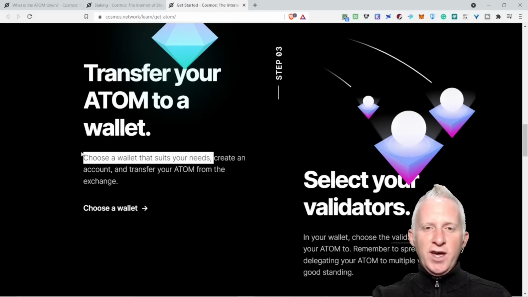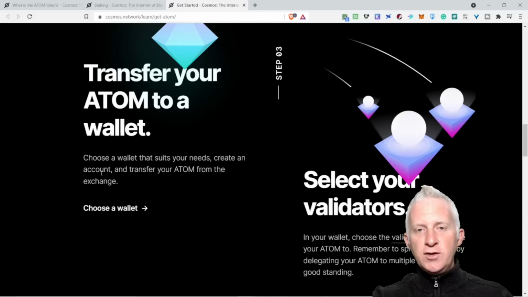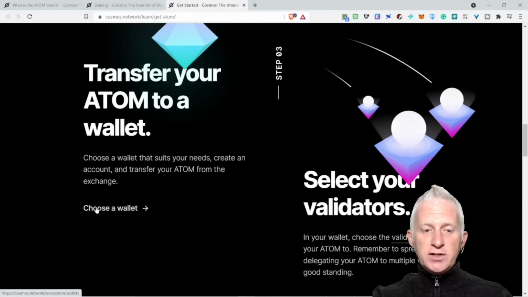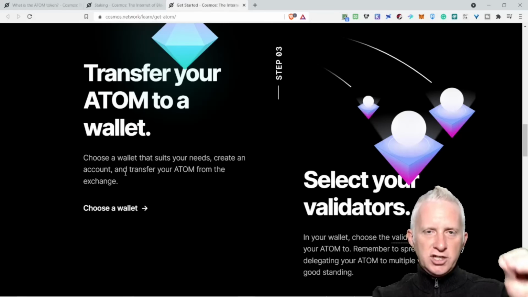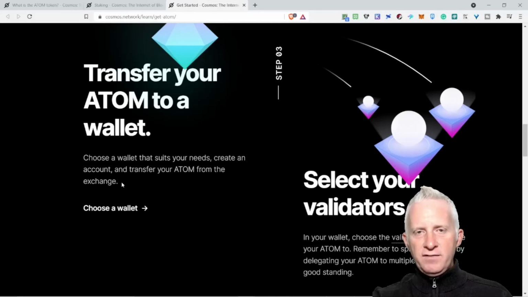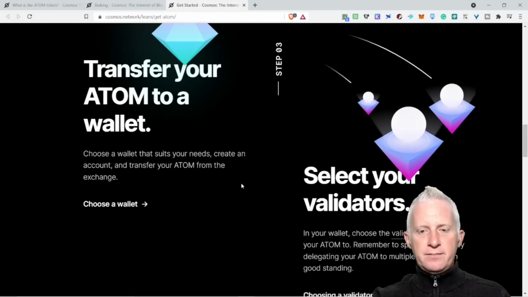They have many ways that you can secure your assets, so you need to dig into it. They have a section on the supported wallets that support the Atom, so you just need to click there. I'm going to read that part again. Choose a wallet that suits your needs. Create an account and transfer your Atom from the exchange to the wallet you have selected and are comfortable using.